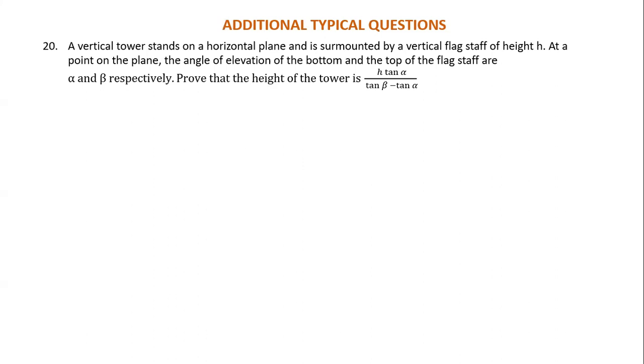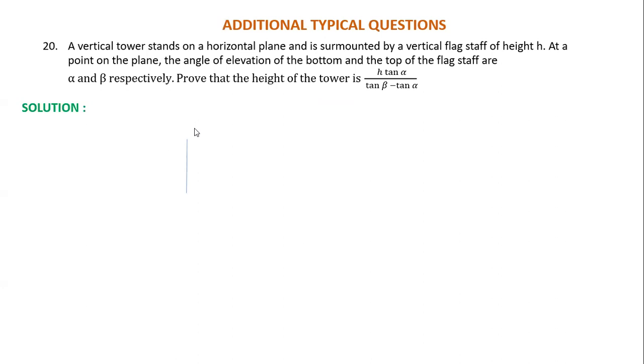At a point on the plane, the angles of elevation of the bottom and top of the flagstaff are alpha and beta, respectively. Prove that the height of the tower is... So now there are no values given. You have to find everything in terms of tan and h, or in letters only.